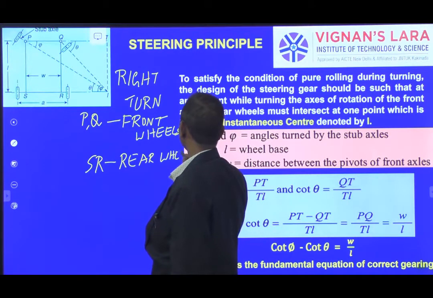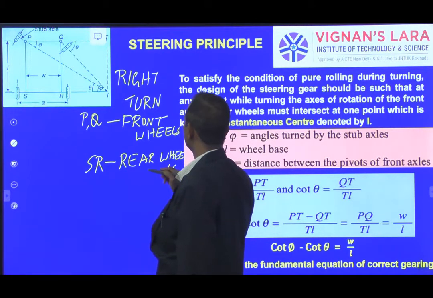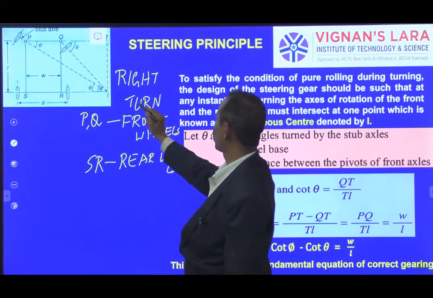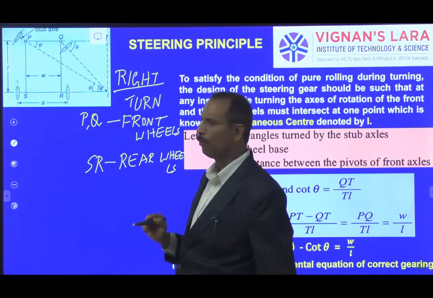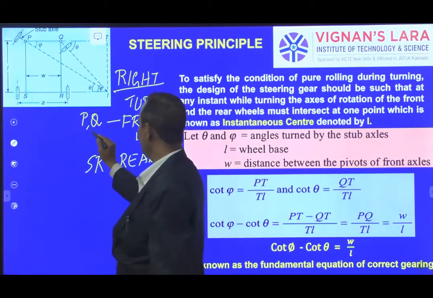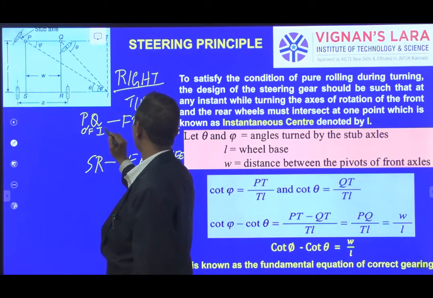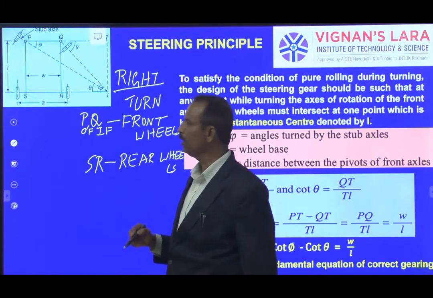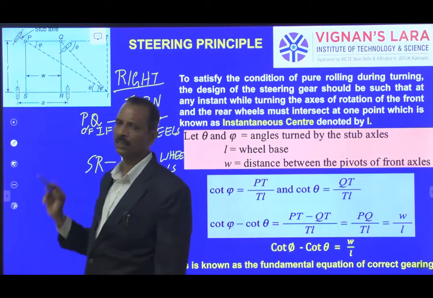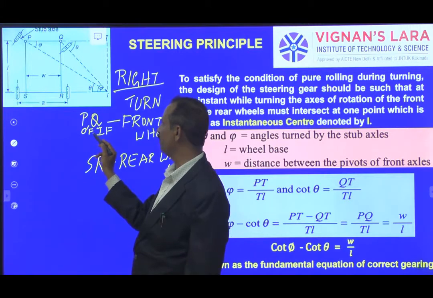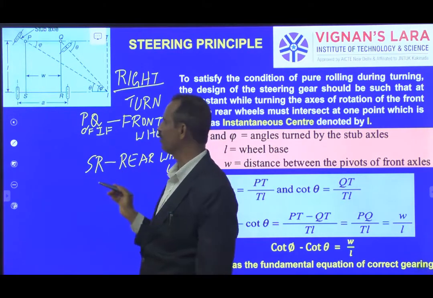With respect to the right turn, the P wheel is the outer wheel and the Q wheel is the inner wheel: the outer front wheel and the inner front wheel.